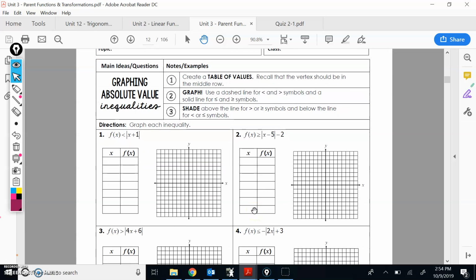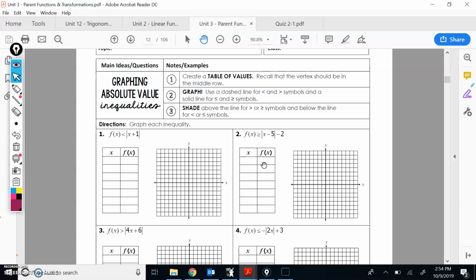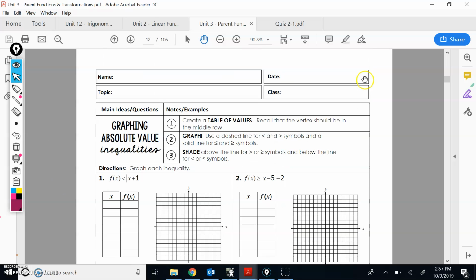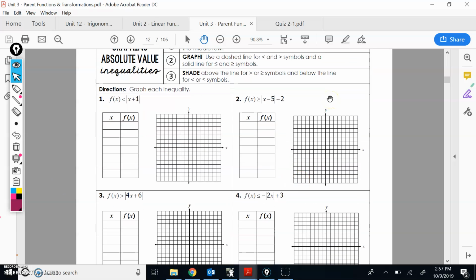Let's move on to graphing absolute value inequality. Let's graph these inequalities the same way by taking what's inside the absolute value and setting it equal to 0 to find our vertex point. So the graph starts at -1. Let's put that in the middle. Substituting in -1 for x, we get -1 plus 1 is 0.